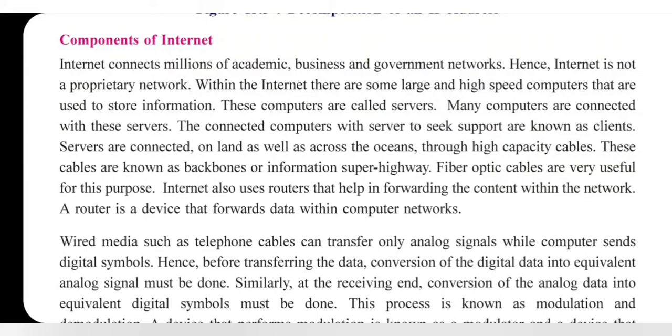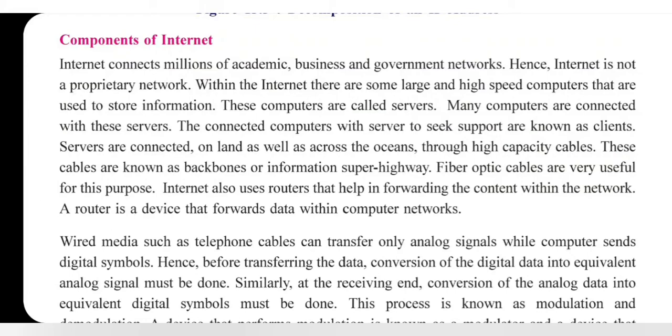If the data is passed over a long distance, then at some distance it will lose consistency. So to maintain consistency, we transfer the data through routers. Routers are devices that forward data within the computer network and manage the consistency of your data.